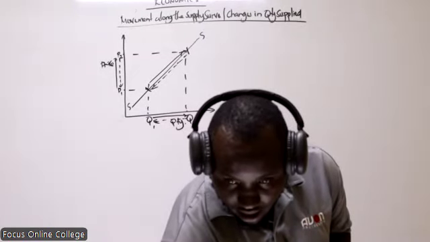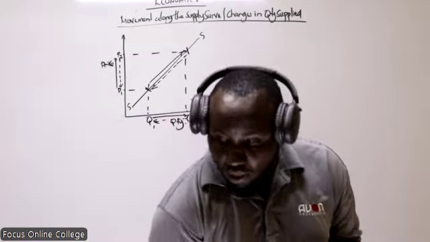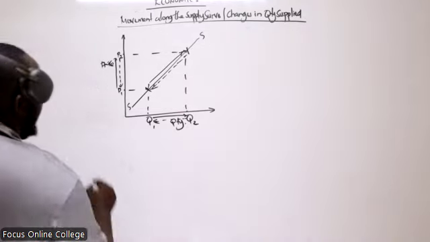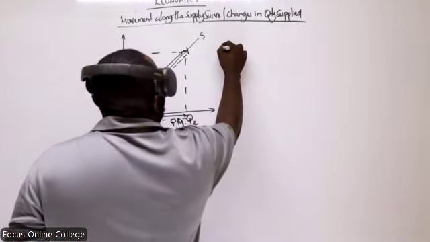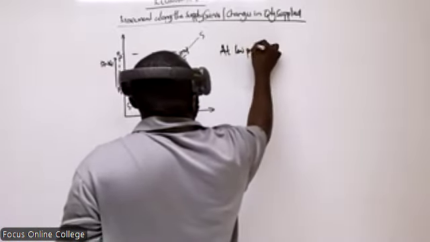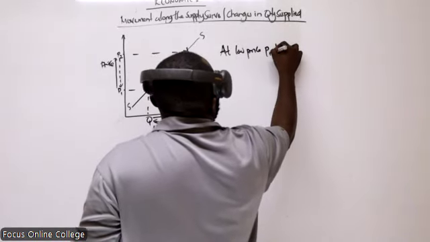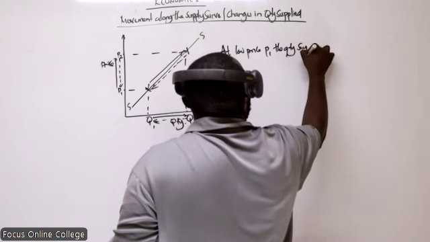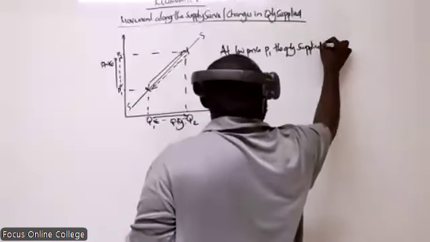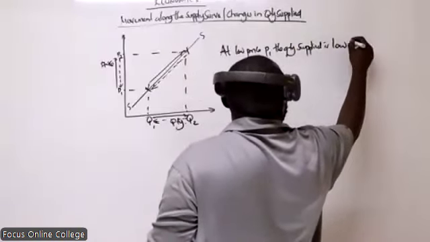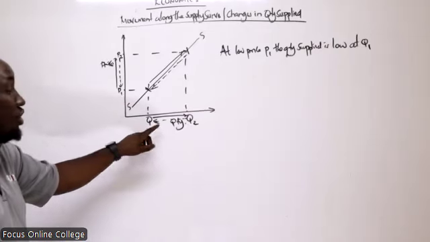Thank you. So we can talk about it: at a low price P1, the quantity supplied is low at Q1.